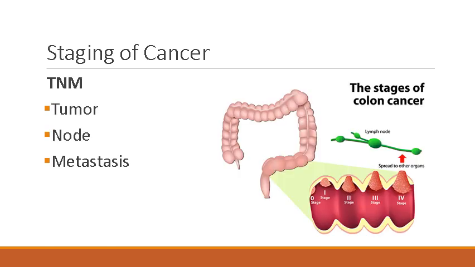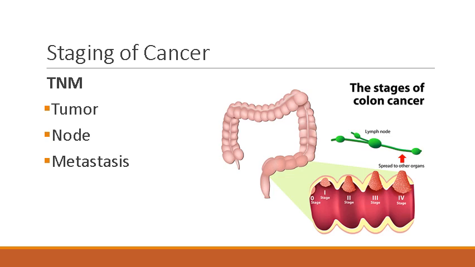Staging of cancer, we don't get into this a lot in detail because depending on where you're working, you may have more exposure to this, but make sure when you're reading, table 11.4 does a nice job talking about staging of cancer. I also have a video link in Brightspace that talks about staging related to melanoma.